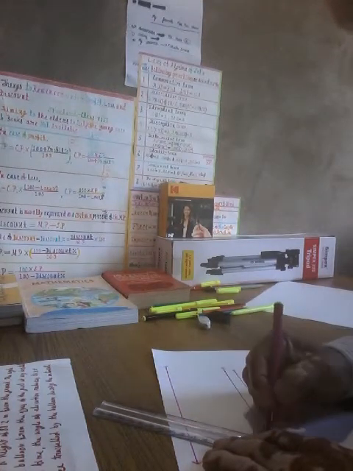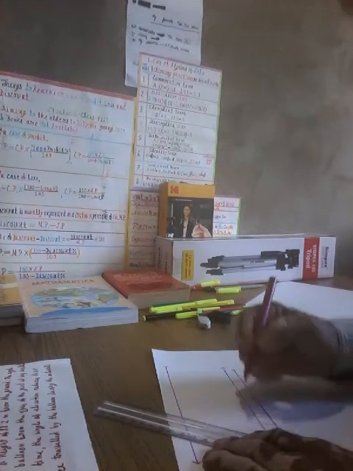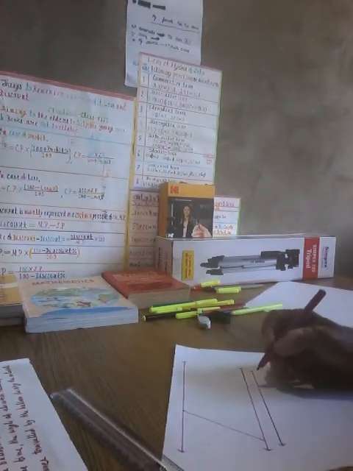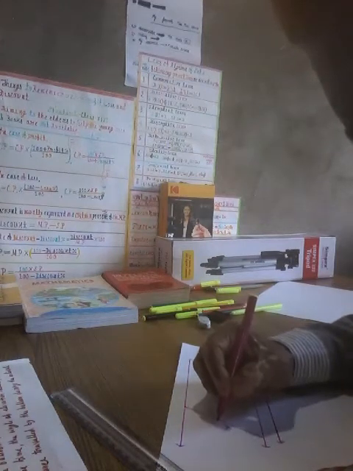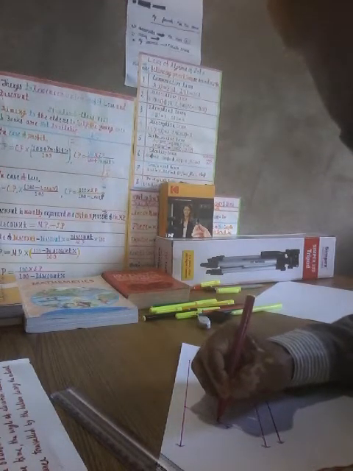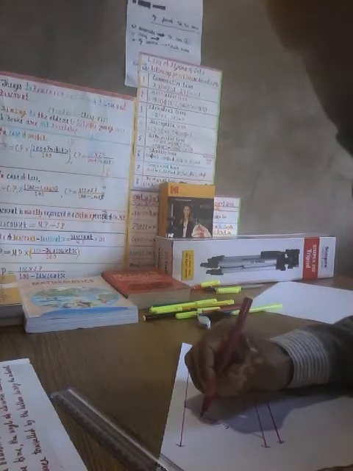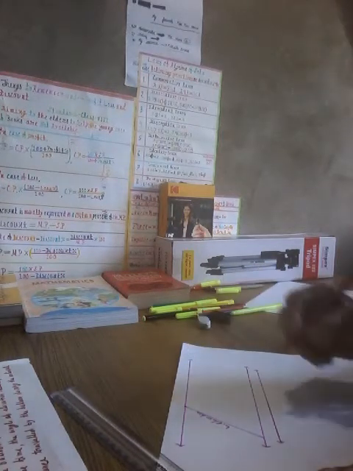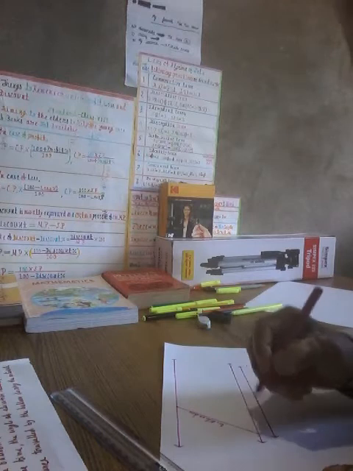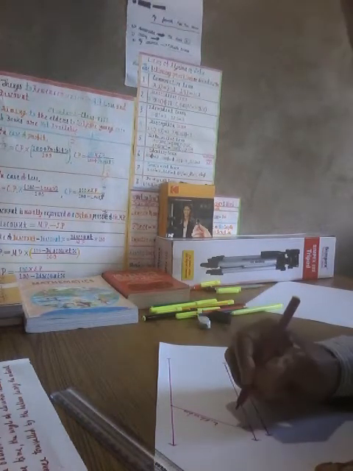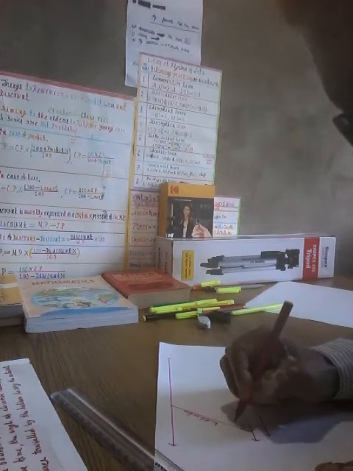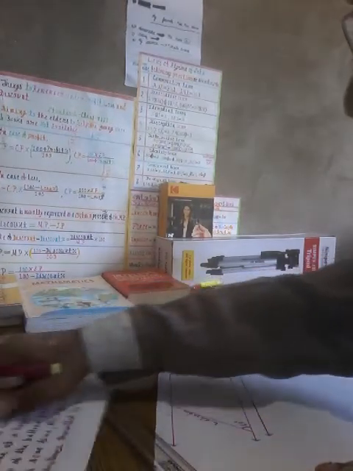Let us draw the line of elevation. This is the line of elevation, making the elevation angle of the measure of 60 degrees according to the question.